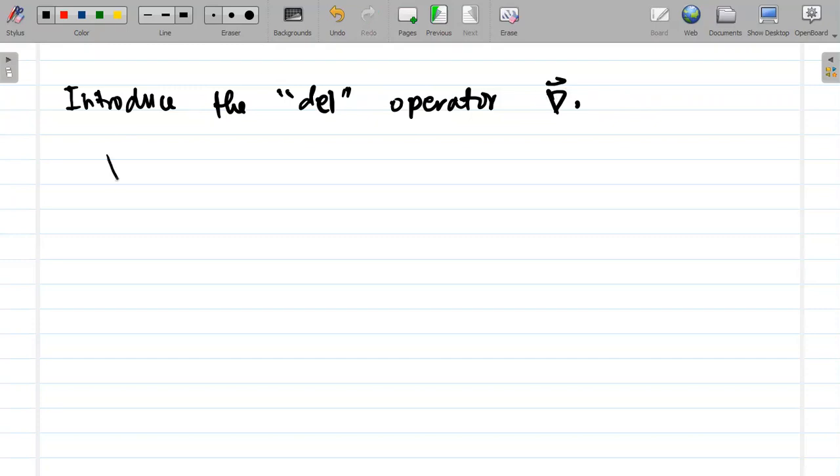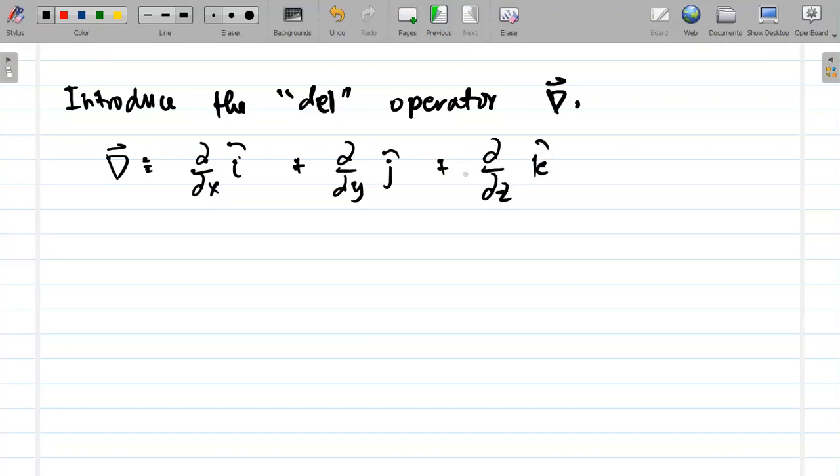So, class, itong del operator, defined siya as partial x I hat plus partial y j hat plus partial z k hat. Ito yung definition ng ating del operator. So, kapag nakakita kayo ng tatlong lines, ibig sabihin definition. So, the del operator is defined by this one.